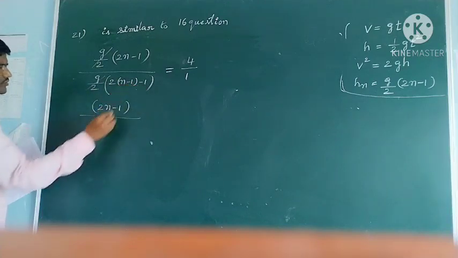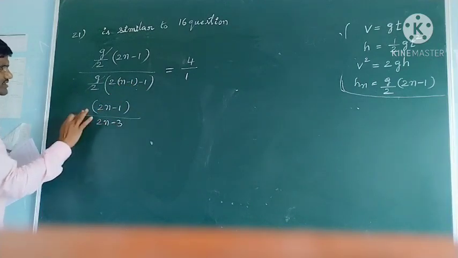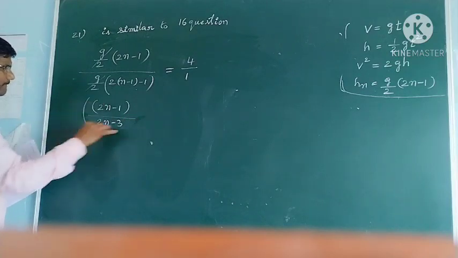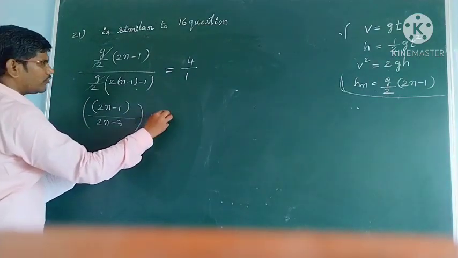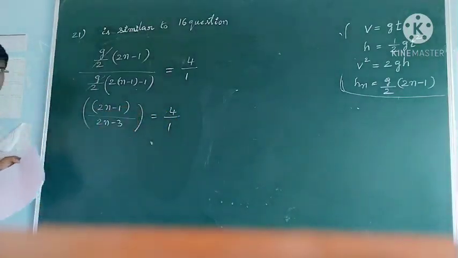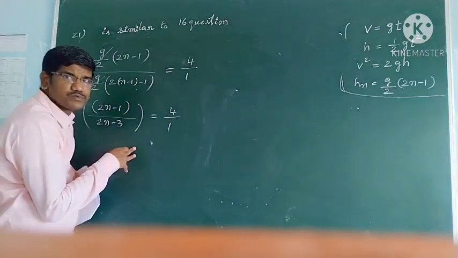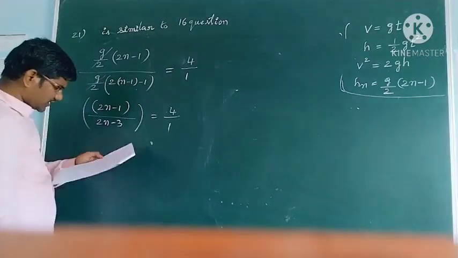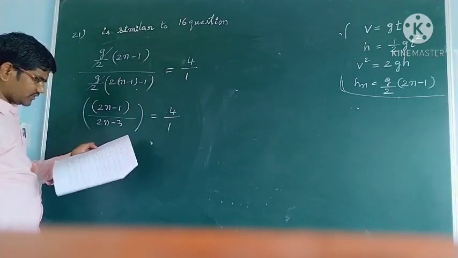2n minus 2. So you will have 2n minus 3. So that is equal to 4 by 1, and do cross multiplication, bring all n terms to one side and all constants to the other side, and we will get the n value.